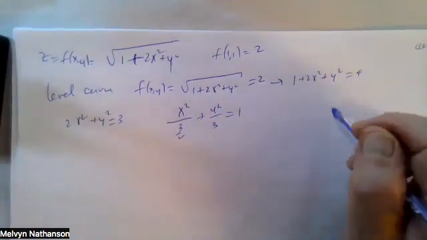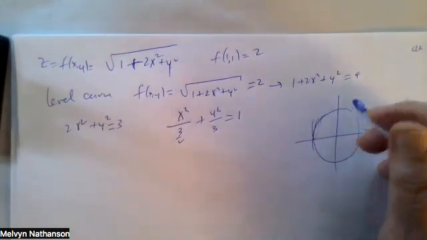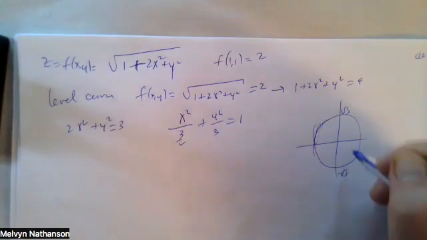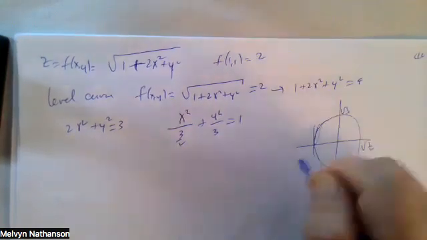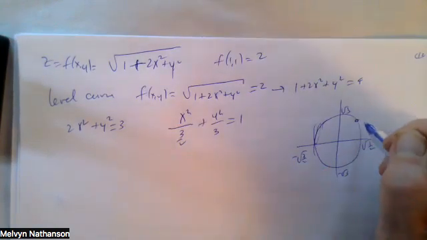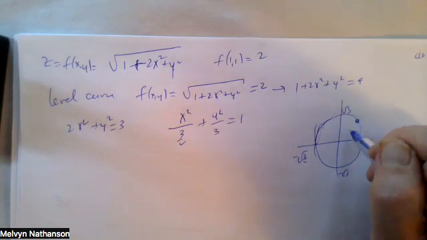So this is an ellipse, where this is root 3, minus root 3, root 3 over 2, minus root 3 over 2. And on this ellipse is the point (1, 1).